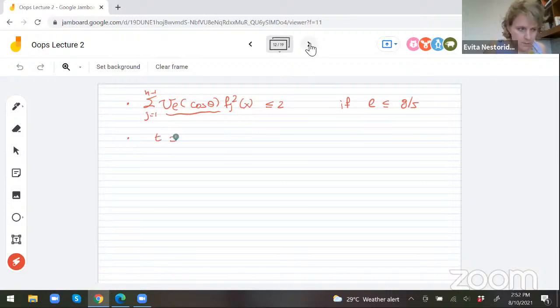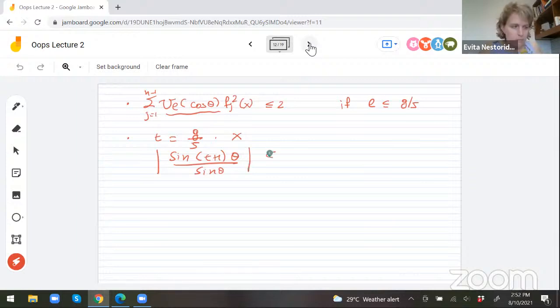And the second thing, which is more playing with trigonometric stuff, is that if we write the time as something like girth over 5 divided by girth over 5, times x, then we can really bound this term by this x, basically.